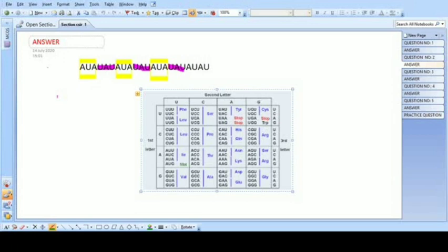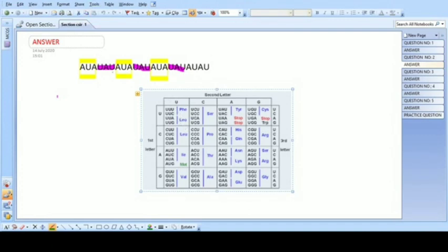Here it already says that there is a repetitive sequence AU and so on. AUA can be regarded as a codon which codes for an amino acid. AUA codes for the amino acid isoleucine, and you can find it from the codon table.